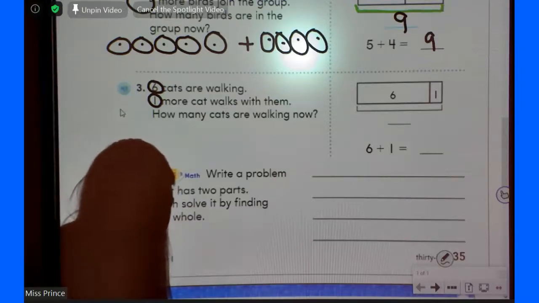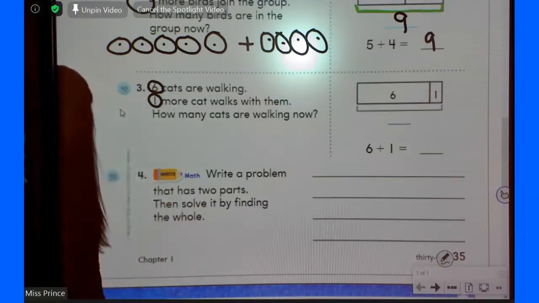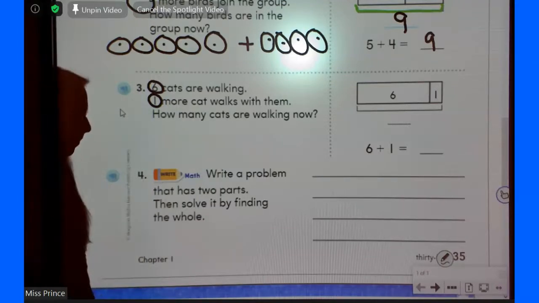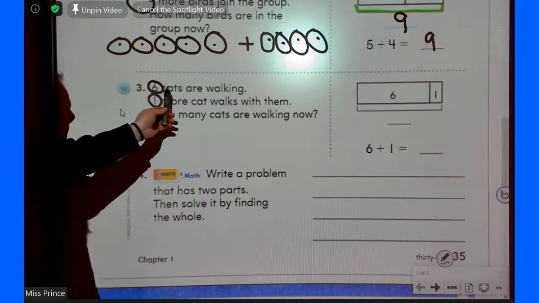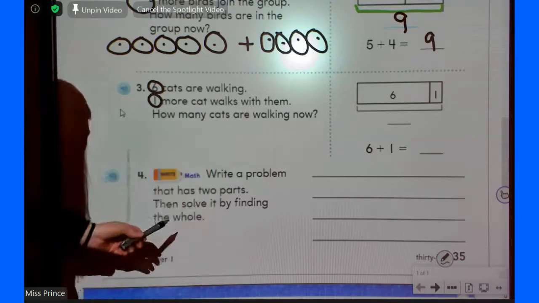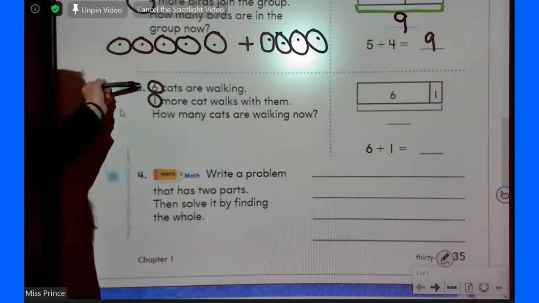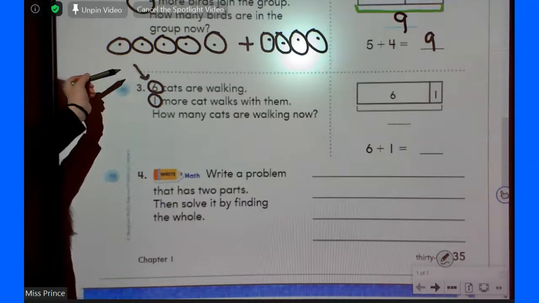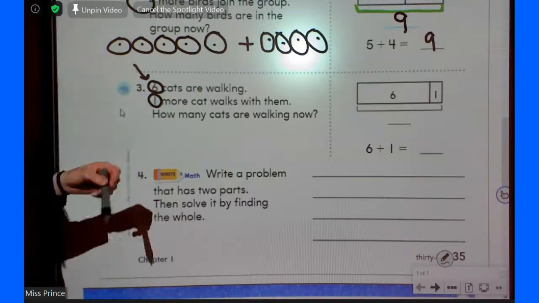Cruz, what are we going to draw first? I have 6 cats walking, and then one more joins them. So I'm going to draw 6. Cruz already drew it and it's 7. Ooh, nice job.